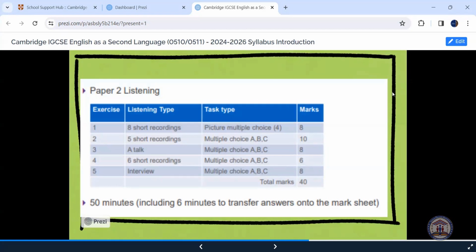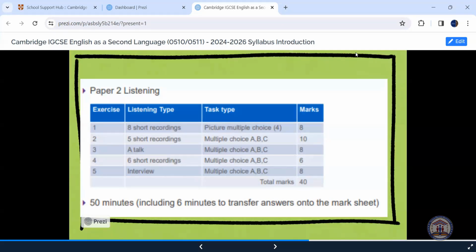In the new syllabus, which is different from the old one, you will find that all the questions become multiple choice questions in listening. In the past, students have a question of short note or summary writing. They listen and they summarize what they listen to.